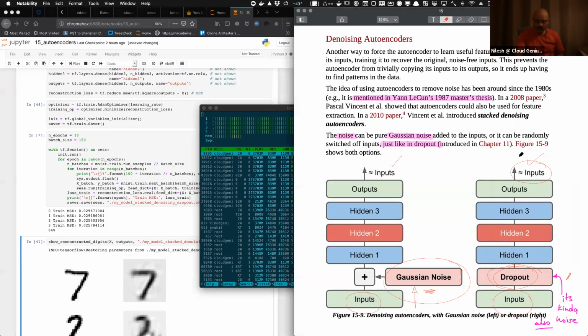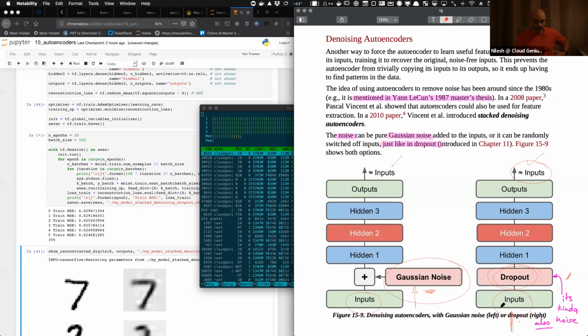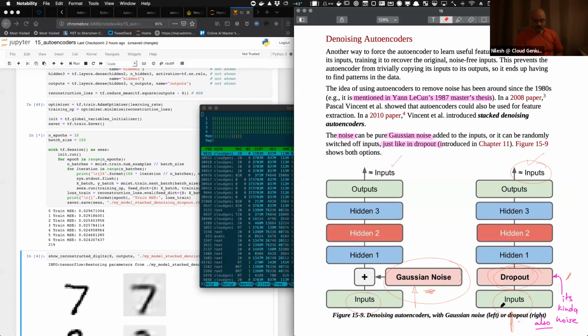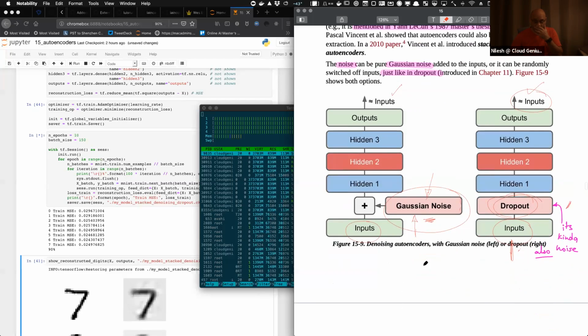This output is going to be matching the input, is what you see in these results. Both ways, Gaussian noise insertion or dropout function. So both options. By the way, dropout is the one that most people likely use. Deliberately inserting Gaussian noise is also okay, but people just prefer dropout.